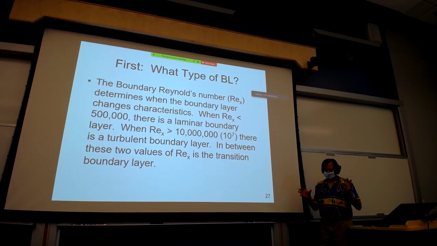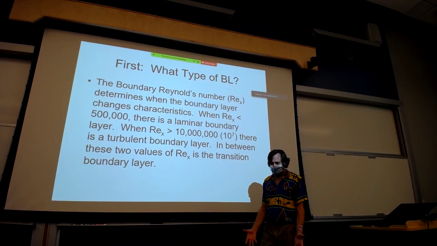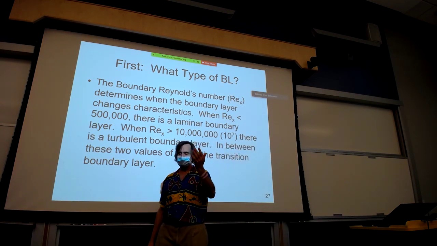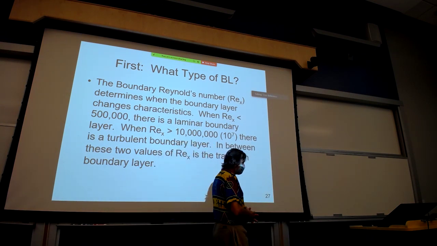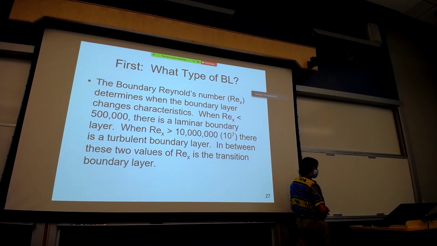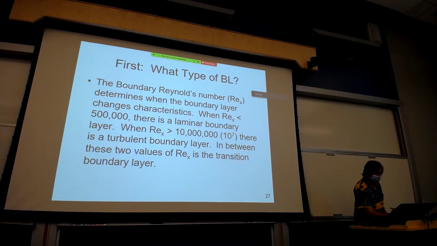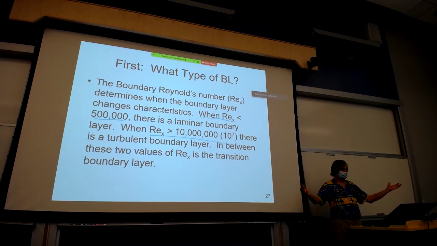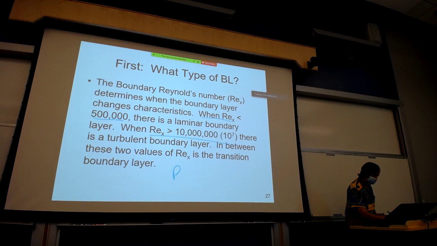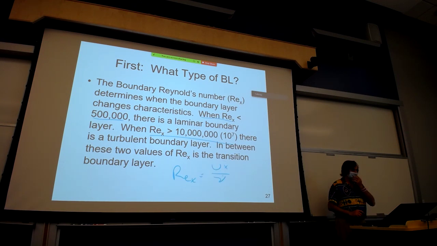The first thing you have to understand when you're looking at these classes of problems is, do you have laminar, transition, or turbulent? This is the text that you saw on an earlier slide. We need to calculate the boundary Reynolds number to figure out which zone we're in. The boundary Reynolds number, Re_x, is Ux over nu, where x is equal to 0 at the leading edge. Where is the boundary Reynolds number going to be the largest for this plate?